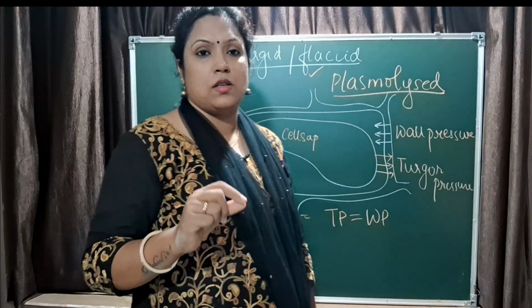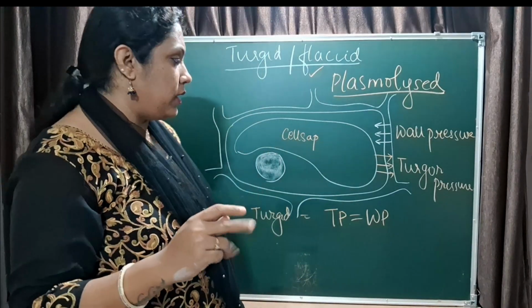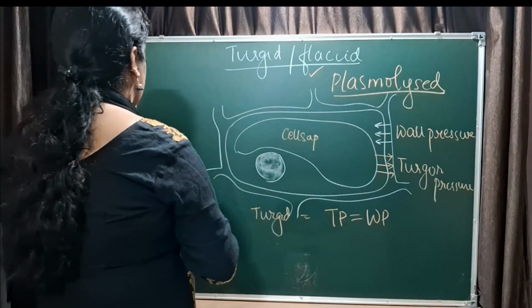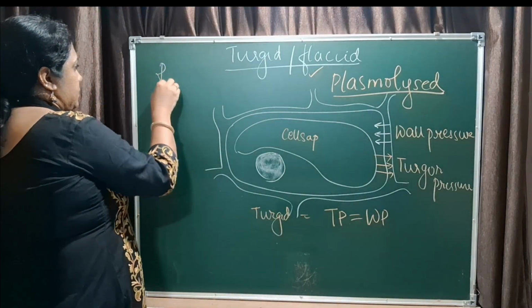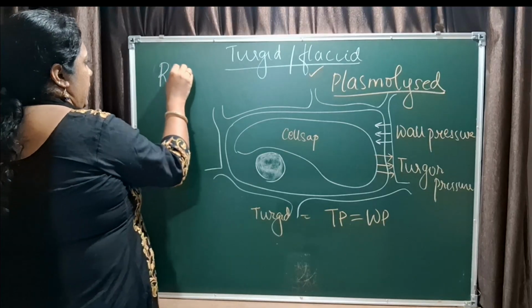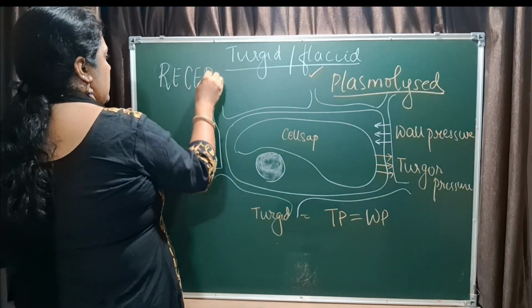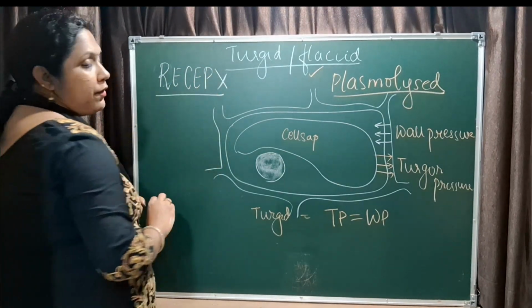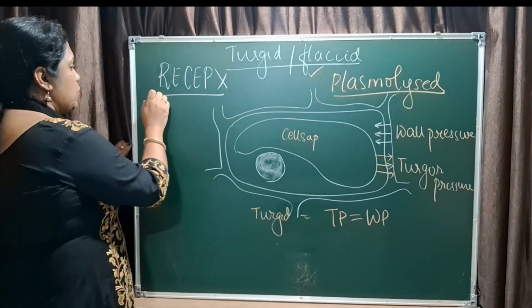Now for root pressure, you have to remember one thing, there is something called RECPEX. What is RECPEX? It is the order that you have to remember for how the water moves.